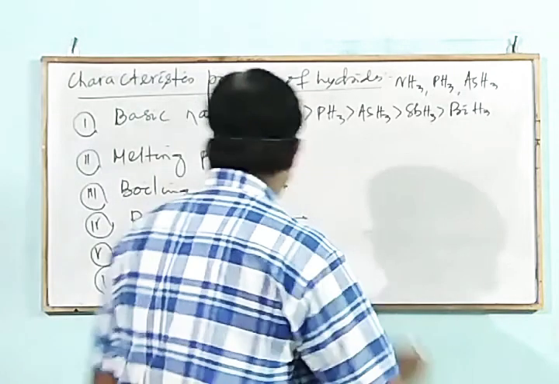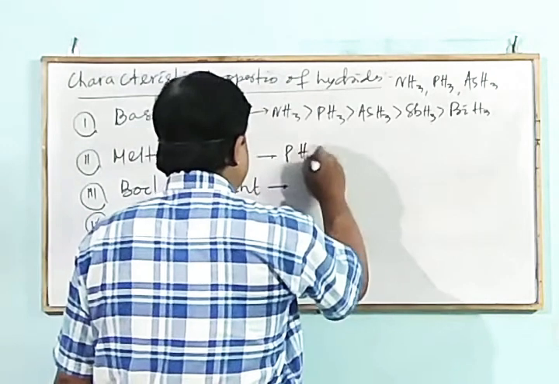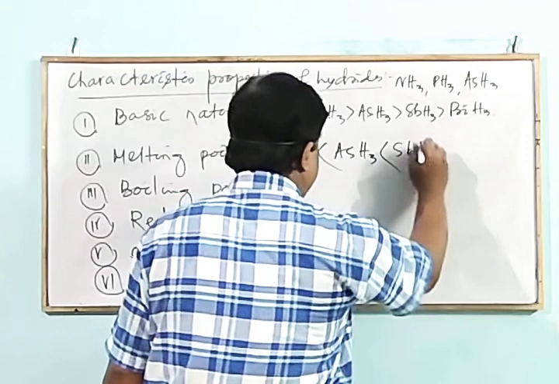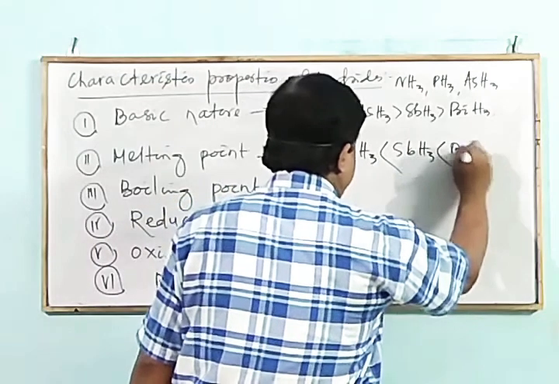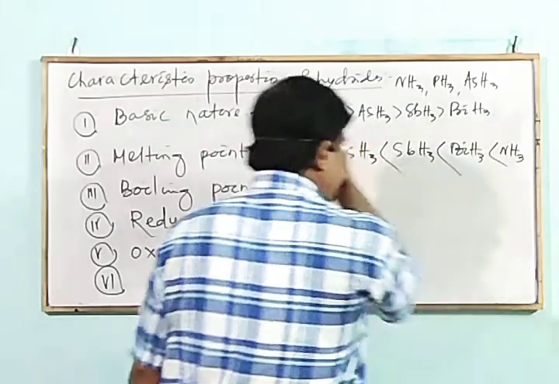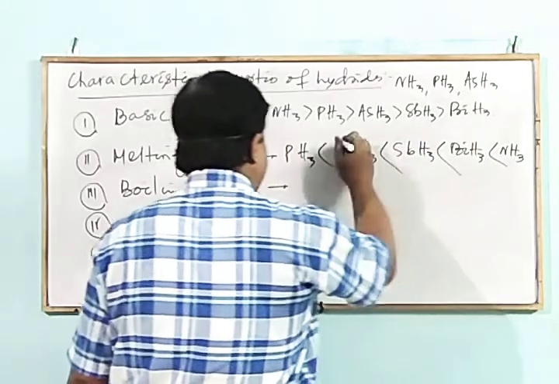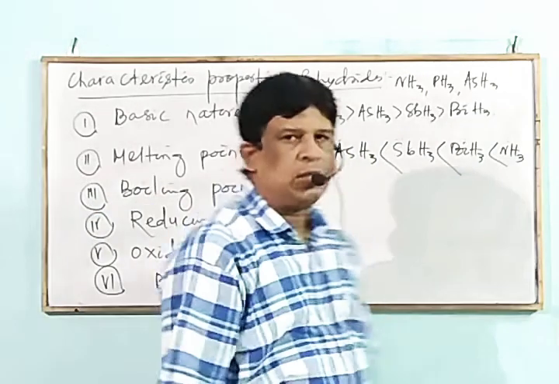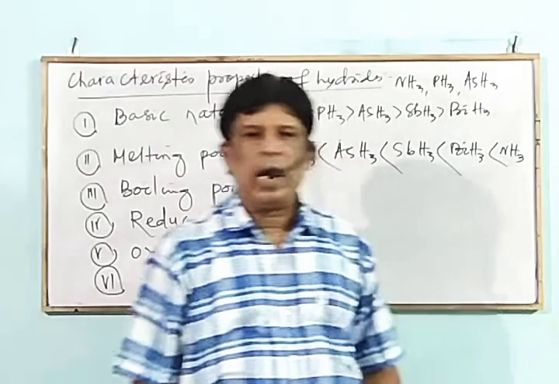Mark that the order is PH3 less than AsH3 less than SbH3 less than BiH3 less than NH3. That is, NH3 possesses the highest value of melting point due to the presence of intermolecular hydrogen bonding.